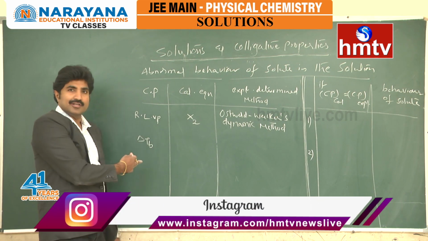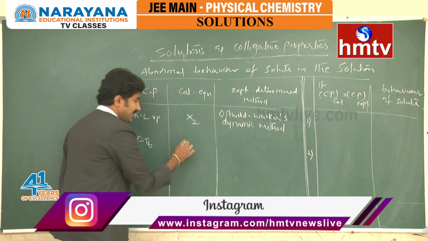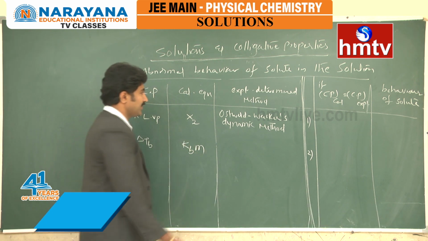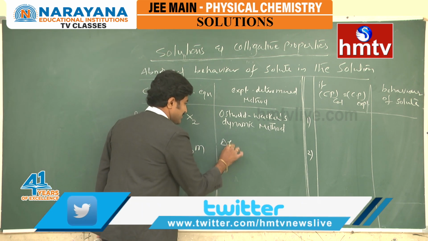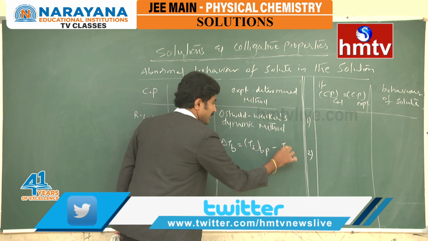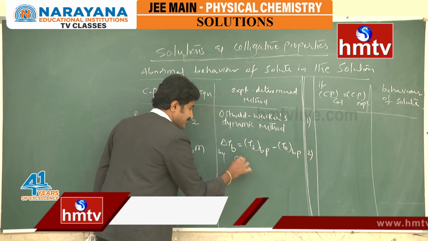The second colligative property is elevation in boiling point, delta TB. For that, the calculated equation is KB into m, and the experimentally determined equation is delta TB equal to T of solution boiling point minus T naught of boiling point, which is obtained by Cottrell's method.